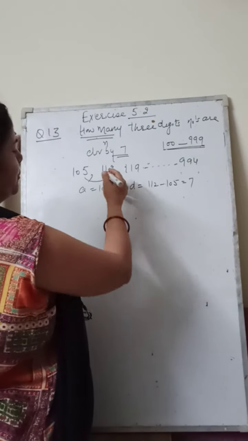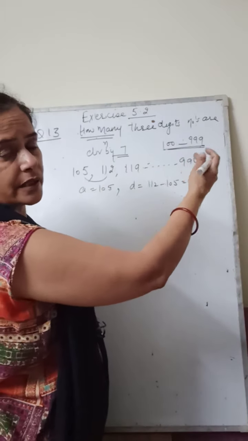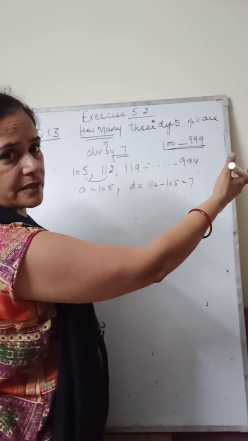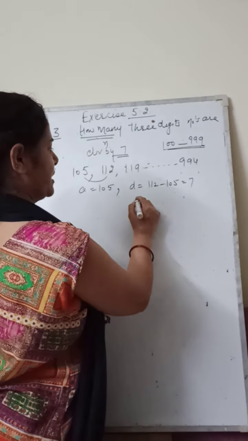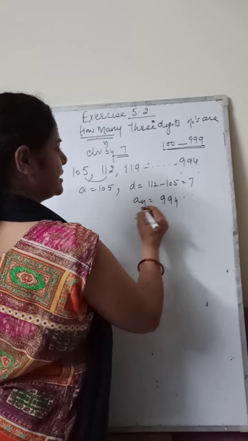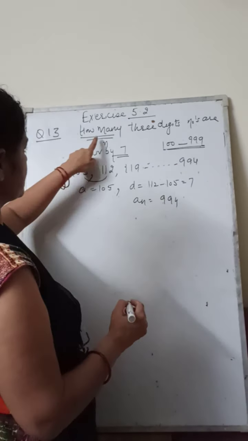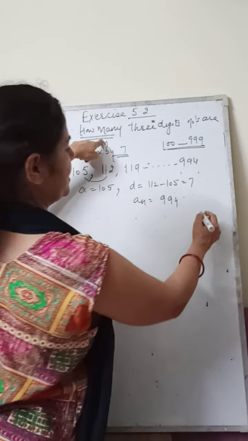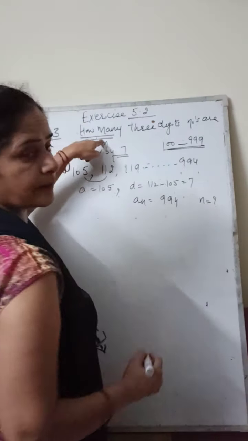Otherwise also, they all vary by 7, so the difference is 7. And the last term a_n is 994, and you are supposed to find how many. How many means you have to find n.